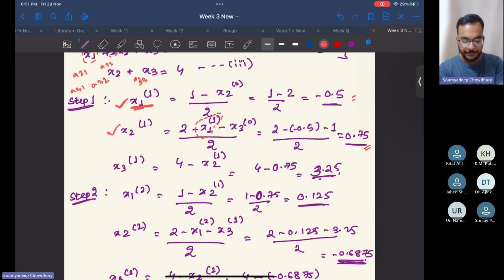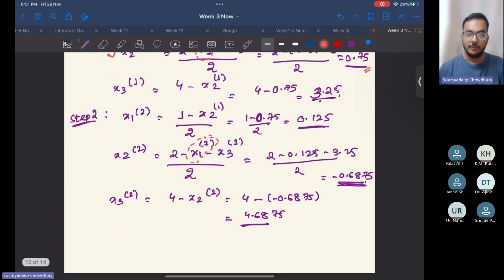Otherwise, we will continue. In the second step, again, x1 of 2 is 1 minus x2 of 1 by 2. Similarly, x2 of 2 will be, here again the change will come, that is x1 of 2 will be using, not x1 of 1. In this way, we can do our solution, and in MATLAB we will see how many iterations it takes to complete the solution.